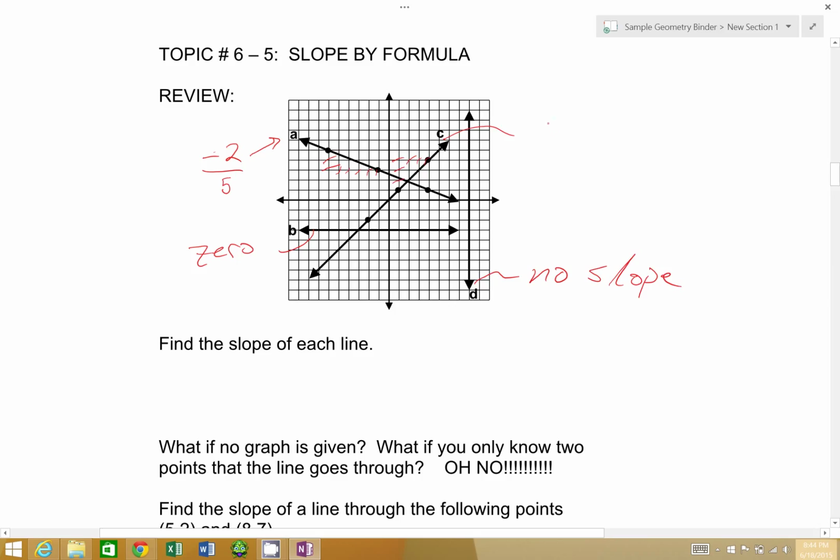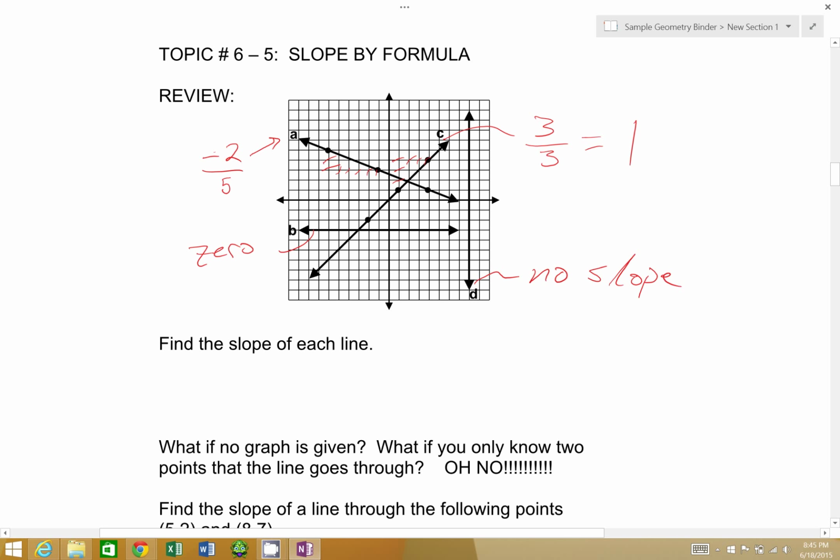So for line C, I have a 3/3 slope, which is simply a perfect slope of 1. So once again, to review, when I had the vertical line, very important that I remember this: no slope. The horizontal line, 0 slope. And so on and so forth.